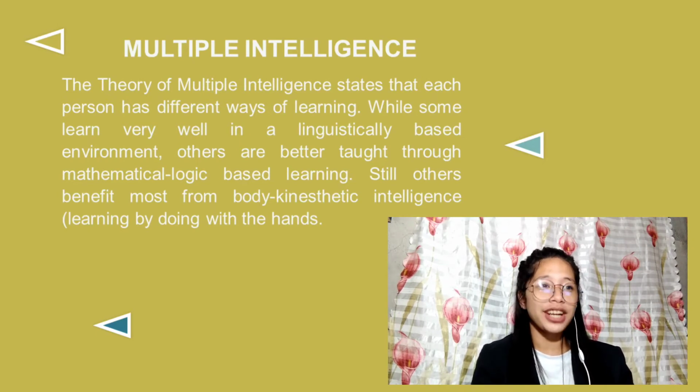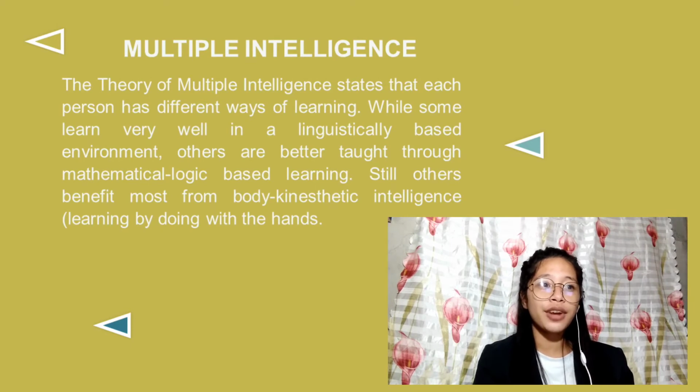Over the past few decades, research in the field of learning has led to the discovery of the theory of multiple intelligences. In short, this theory states that each person has different ways of learning and different intelligences they use in their daily lives.